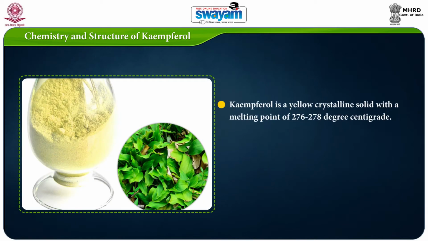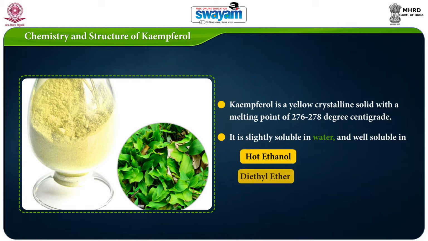Kaempferol is a yellow crystalline solid with a melting point of 276 to 278 degrees centigrade. It is slightly soluble in water and well soluble in hot ethanol and diethyl ether.